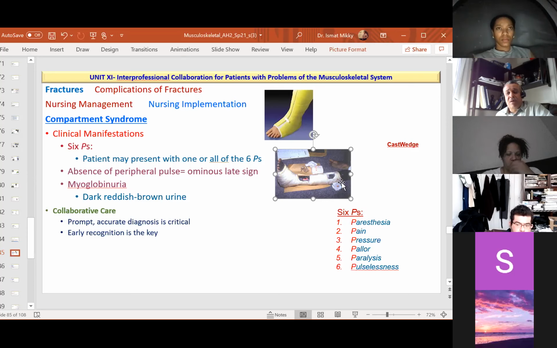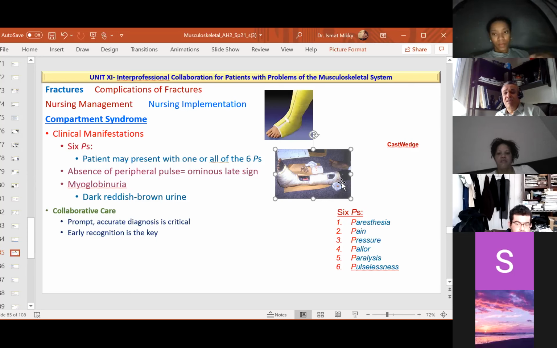So bivalving the cast means opening a small window first to inspect the wound and make sure whether it's infected or not. If there's an infection, we will treat it with wound dressing and treatment daily, and once it's healed, then you can cover it. We cannot ignore the infection because it has to be treated.